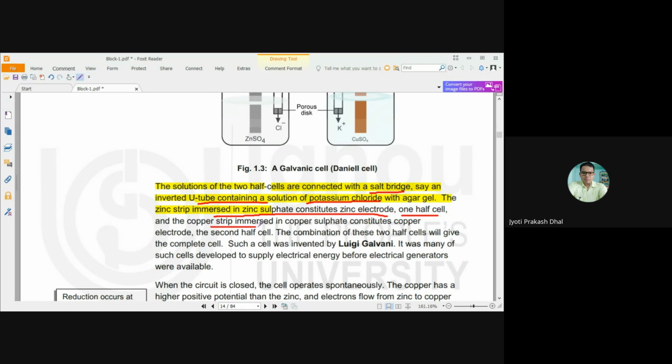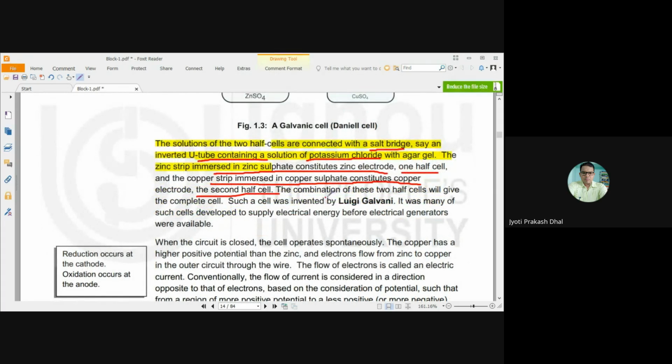Similarly, a copper strip immersed in copper sulfate solution constitutes the copper electrode, the second half cell. On combination of these two half cells, we get the complete cell. Such a cell was invented by L. Galvani, which is why it is called a galvanic cell. Many such cells were developed, supplying electrical energy before electrical generators were available.